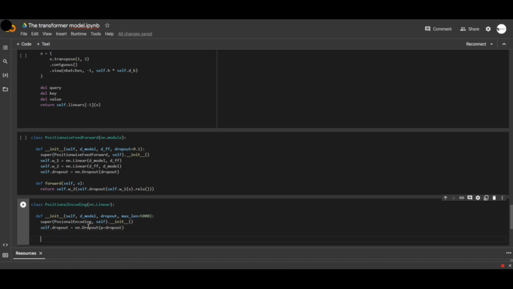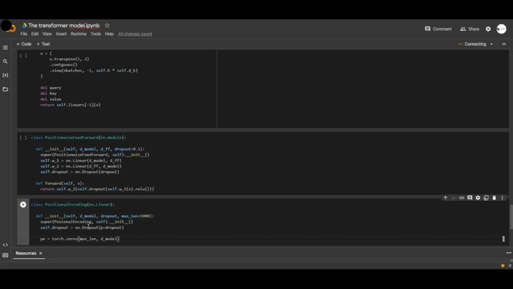So this is what I'm talking about. We're initializing a zero tensor called positional encoding of size max length by the model dimension. So we're going to say positional encoding equals torch.zeros, then we take the max length, then the d_model.